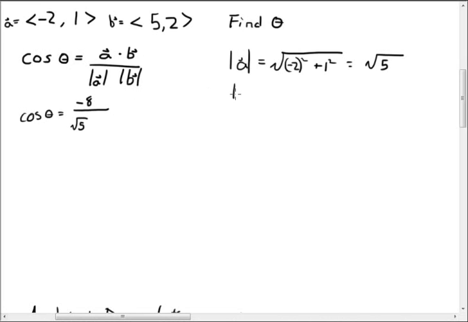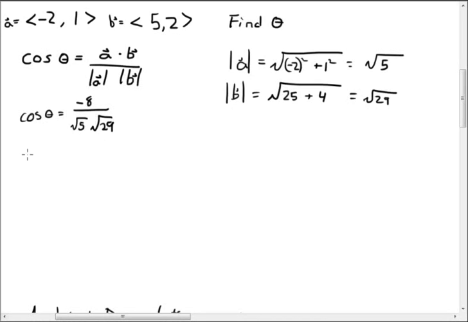And the magnitude of B is equal to the square root of 25 plus 4, which would be the square root of 29. Again, this is just 5 squared plus 2 squared. So times the square root of 29.